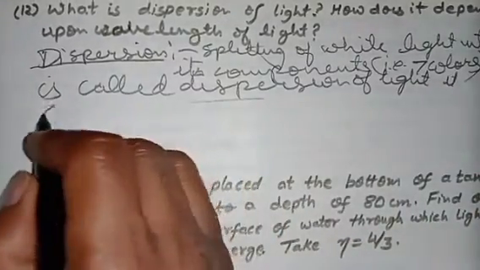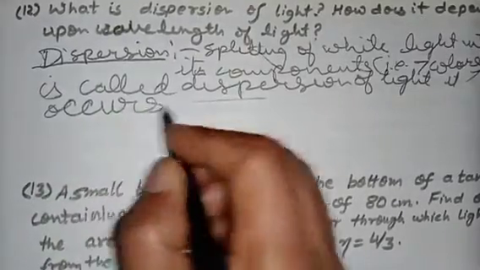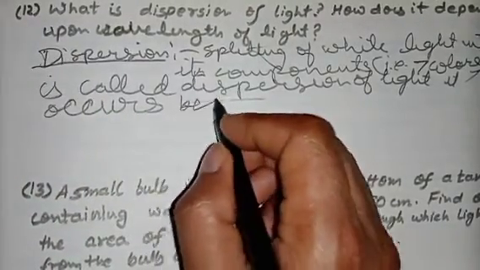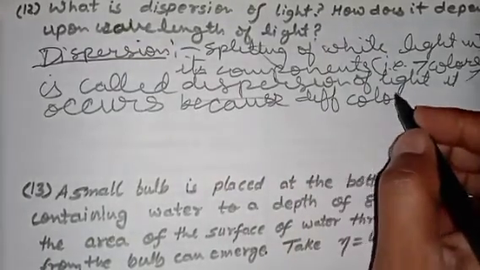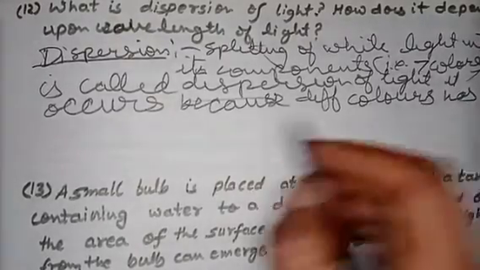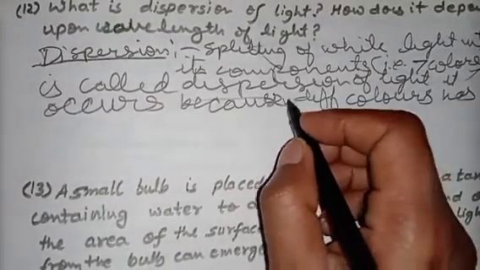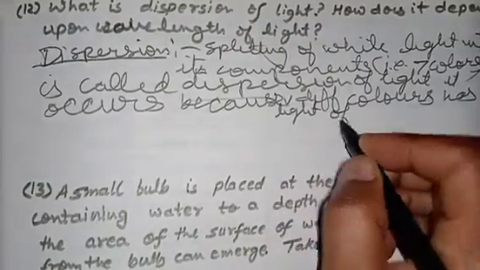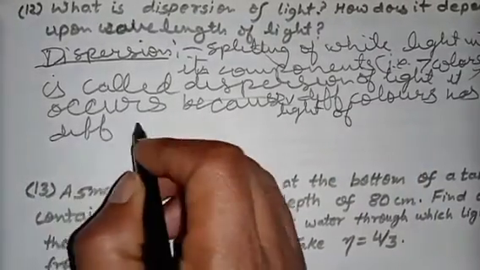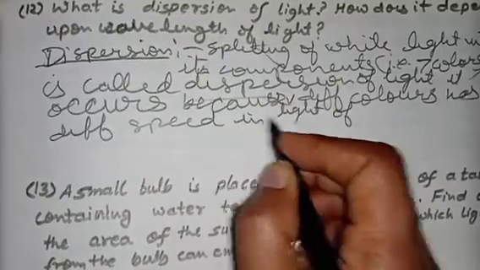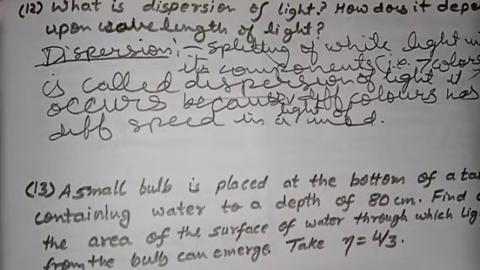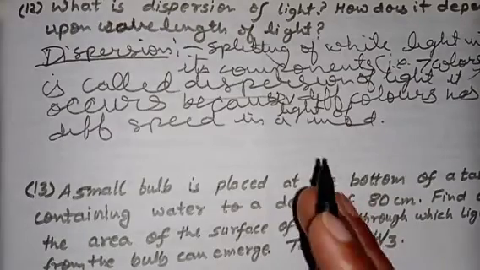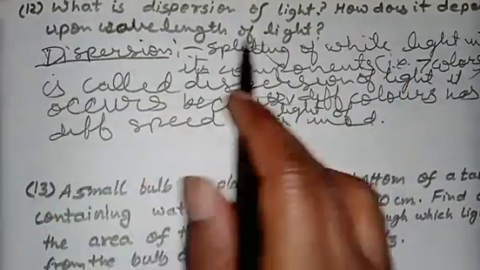It occurs, actually it is not asked, but still I am telling you, because light of different colors has different speeds in a medium. In vacuum all of them move with the same speed, but in a medium different wavelengths move with different speeds. So how does it depend upon wavelength?